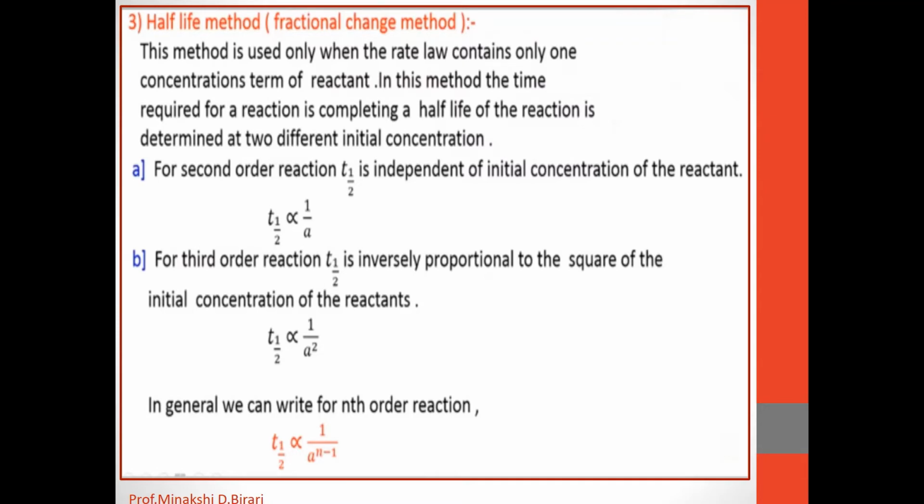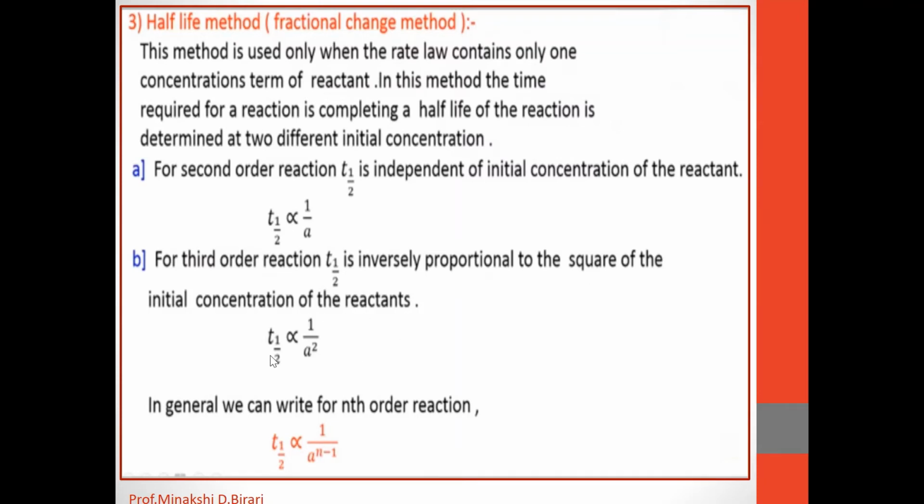For first order reaction, T half is independent of initial concentration of the reactants. Then for second order reaction, T half is inversely proportional to the initial concentration of reactant, that is A. For third order reaction, T half is inversely proportional to the square of the initial concentration of the reactant.